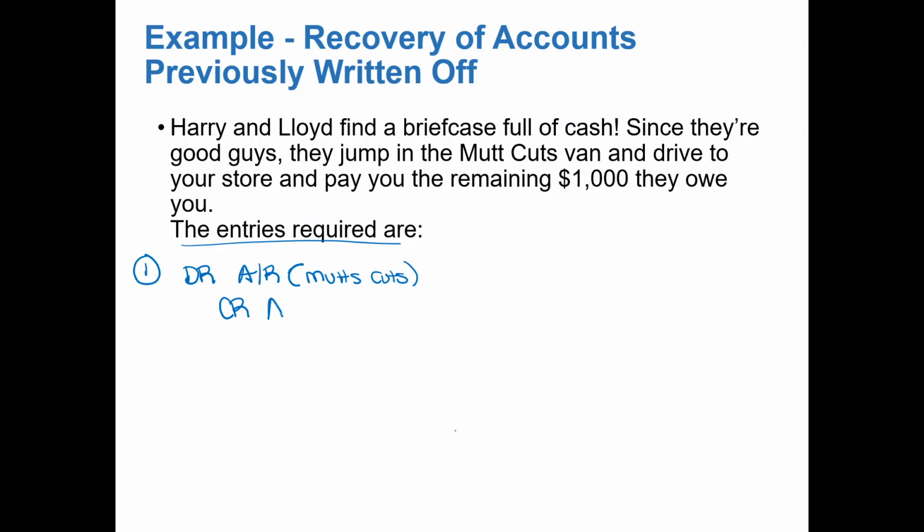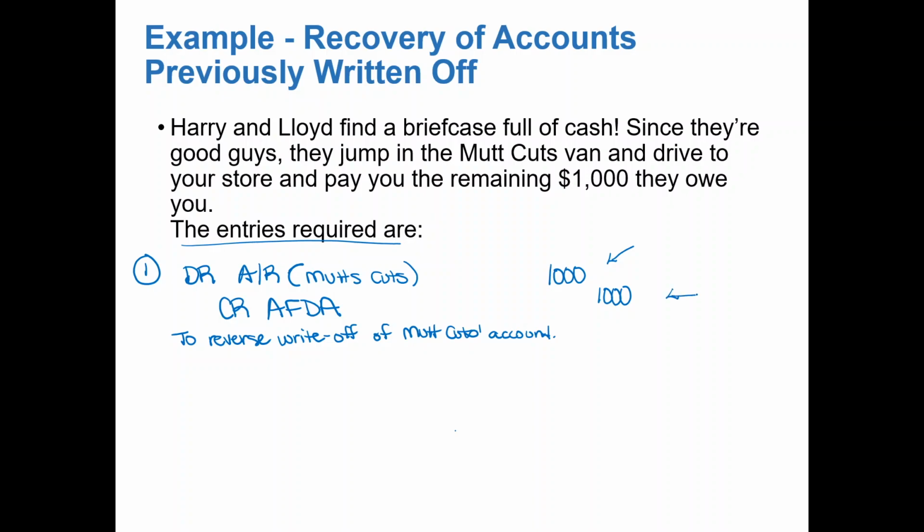And we're also putting this amount back in the AFTA pool. And we'll say to reverse write-off of Mutt Cuts account. So we need to put it back through AR so that we can actually record the collection.